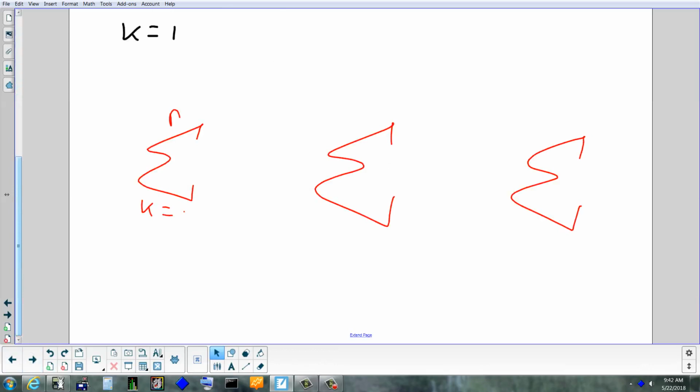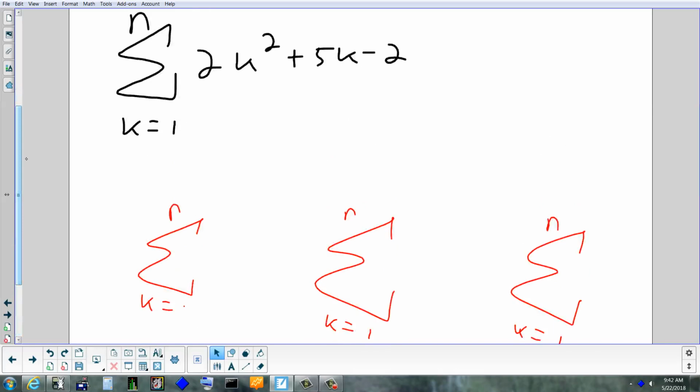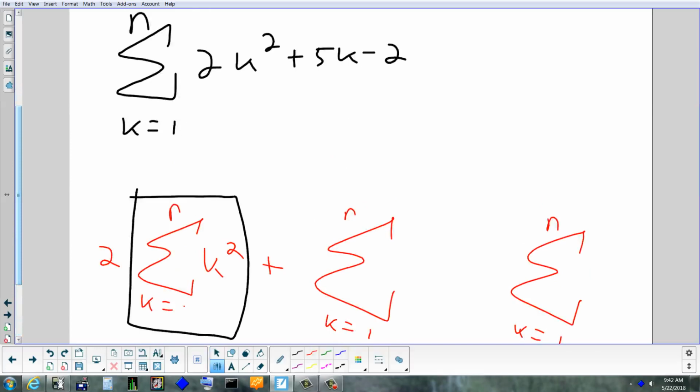They're all k equals 1 to n. And what's the first one going to be? And if I can move any numbers in front, I would like to do that. Yep. 2 and k squared. So 2k squared. Copy down your plus. You have a formula you could go look up for that. Okay. What's the next one going to be?